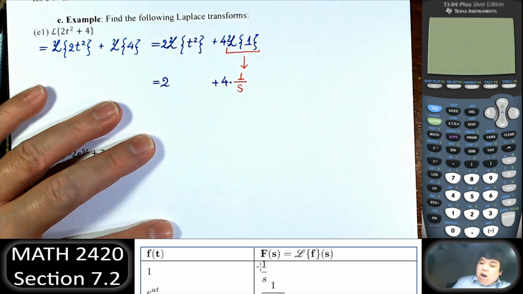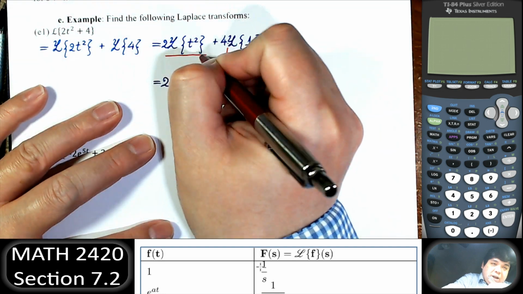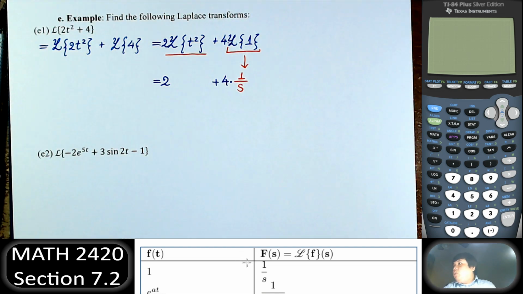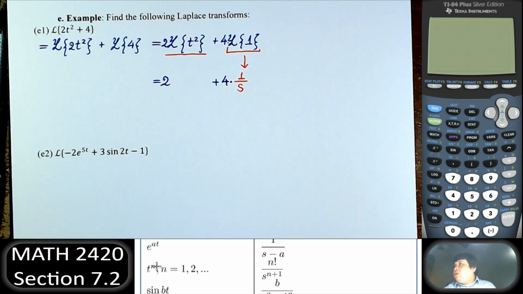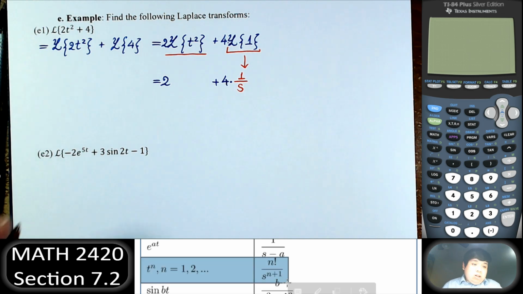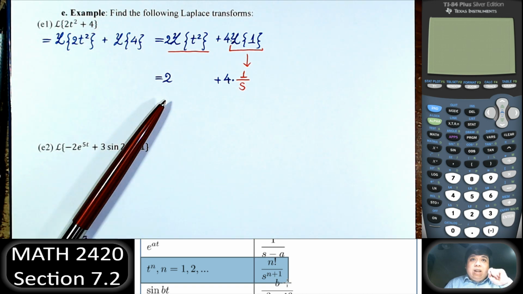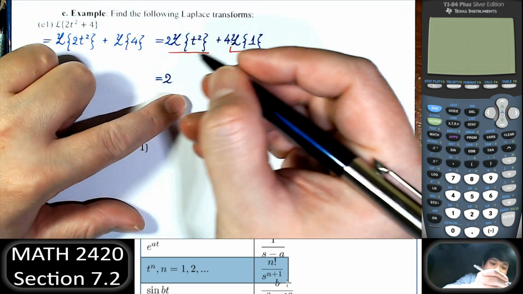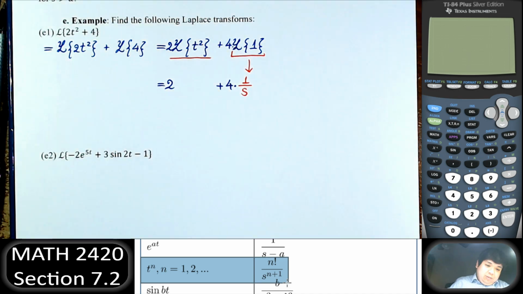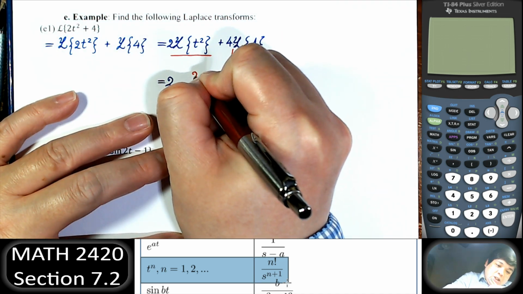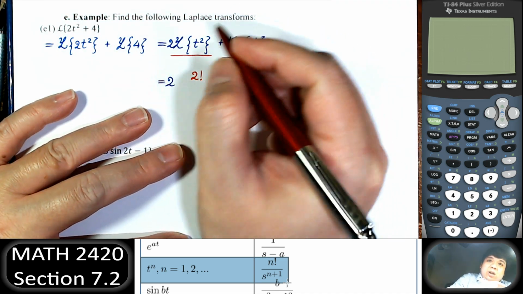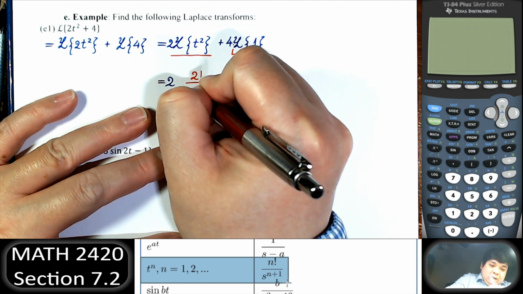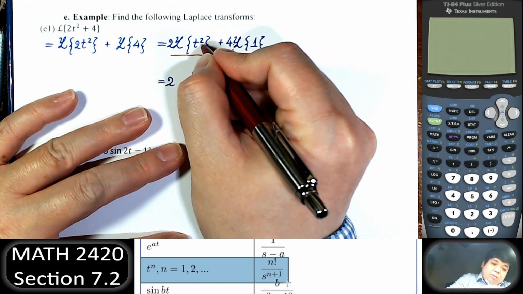So what is the Laplace transform of t squared? That is where we have t to the n power. So in this case n is going to be what? t squared, so n is going to be 2. So the transform is going to be n factorial, 2 factorial, over s to the 2 plus 1.